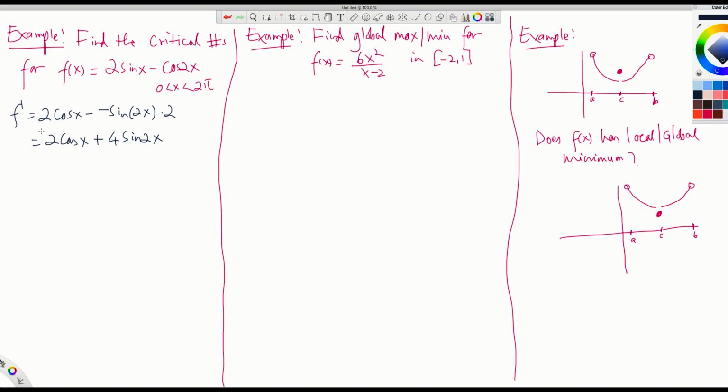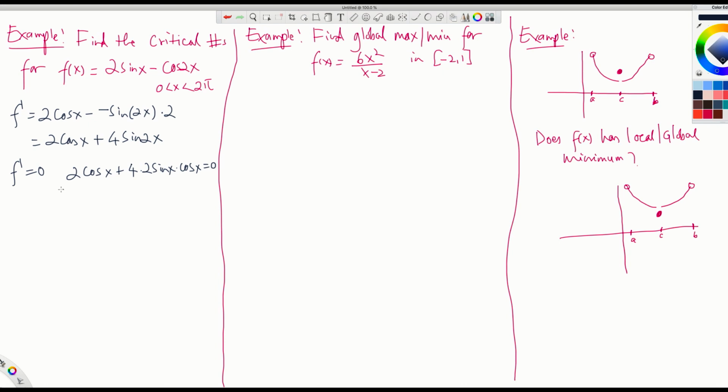So to find the critical numbers, you set that equal to 0 and see for what values of x you get the first derivative 0, right? So f prime equals 0 implies 2 cosine of x plus 4 sine 2x equals 0. Do you know the value of sine 2x? It is 2 sine x times cosine of x.